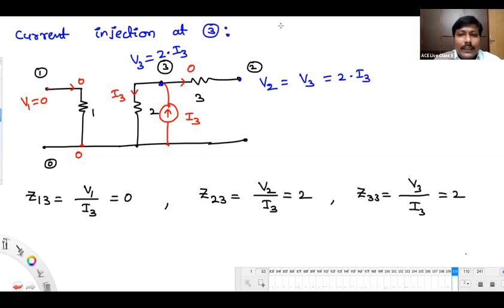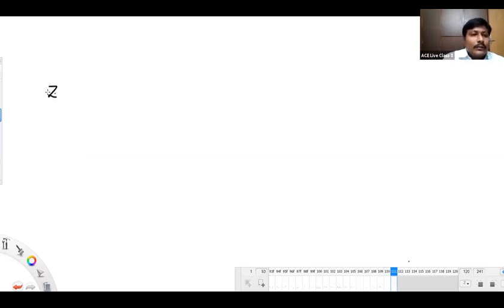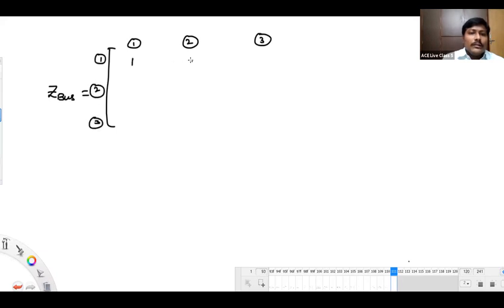Yeah, fine. Let's continue. So now let me write that ZBus as a whole. Simple. ZBus is equal to. You have to take up the bus numbers in a proper order. 1, 2, 3 order only you should follow. Z11 is 1, 0, 0 here also.